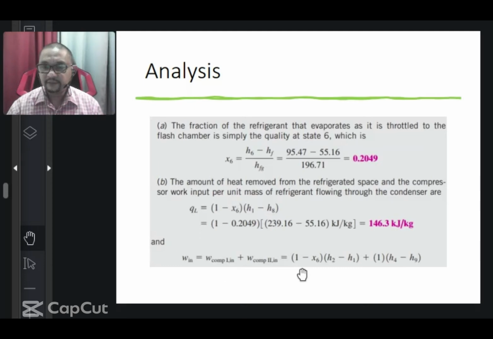For compressor number 1 is 1 minus fraction 6 times H2 minus H1 plus H1, that means 100% of the fluid goes into the second compressor, H4 and H9.